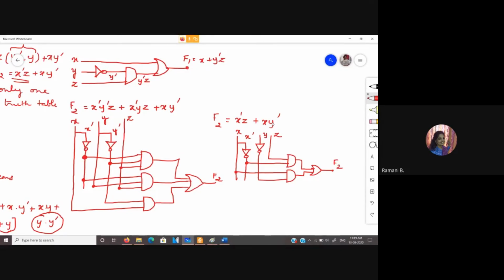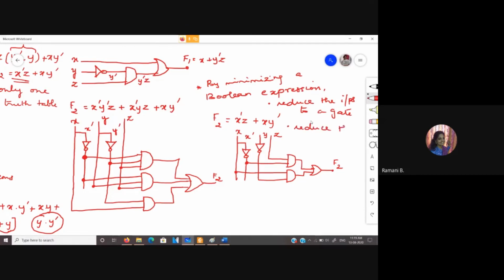So the purpose of minimizing any given expression is that by minimizing a Boolean expression, you can either reduce the inputs to a gate, or you could even reduce the number of gates used.